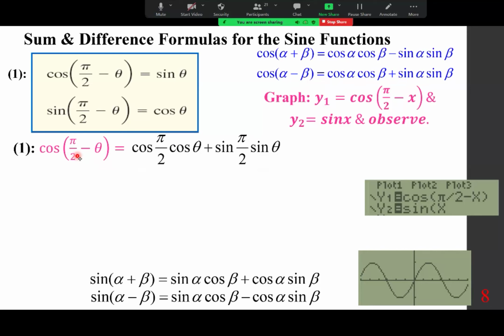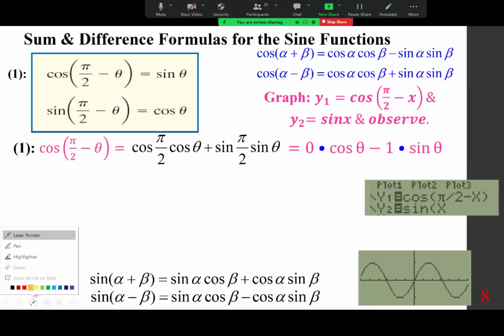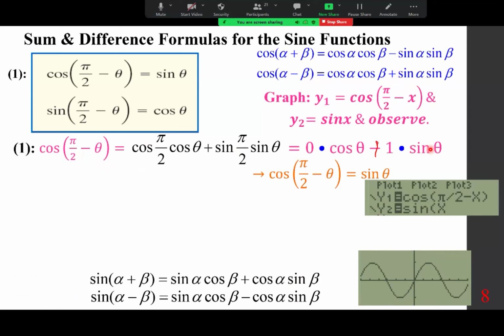And as you know, cosine of pi over 2 is 0, sine of pi over 2 is 1. This goes to 0, this goes to sine theta. We just proved cosine of pi over 2 minus theta is equal to sine theta. We proved the first one, everybody.